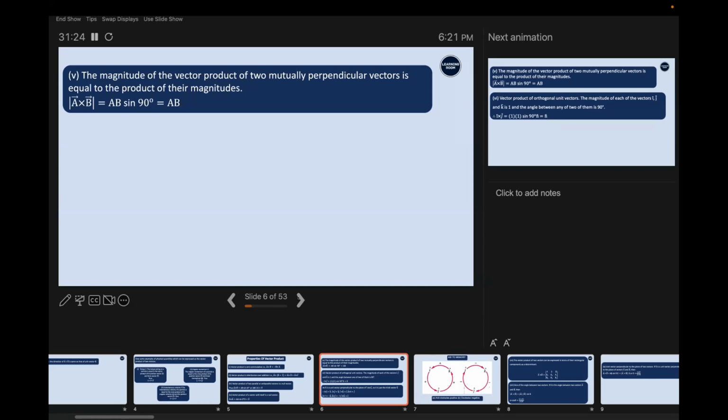Okay, make a note of this point. Clear? Noted?